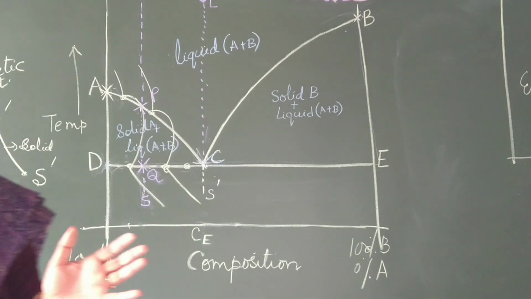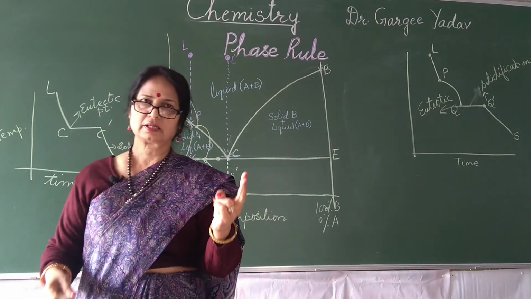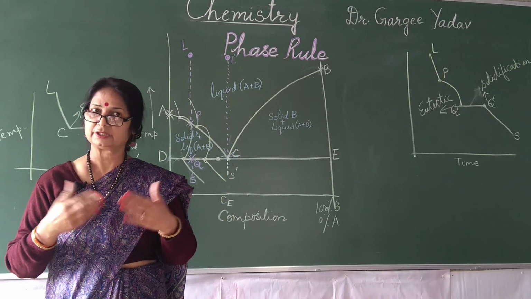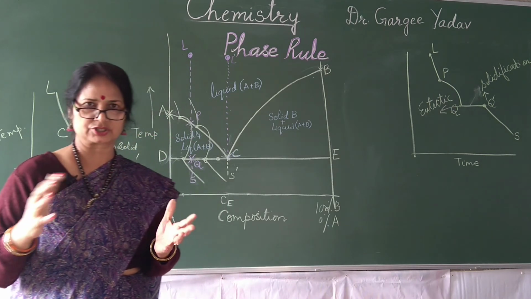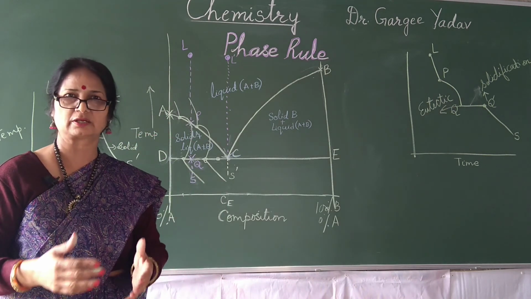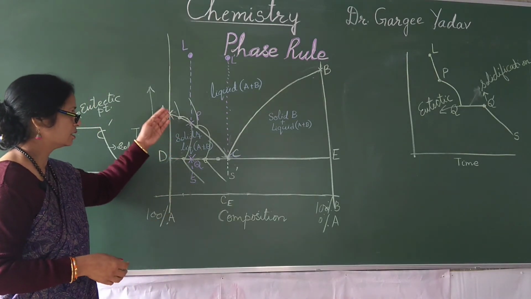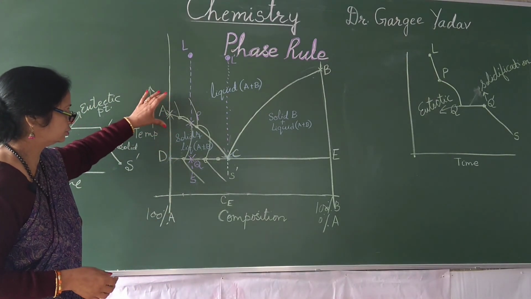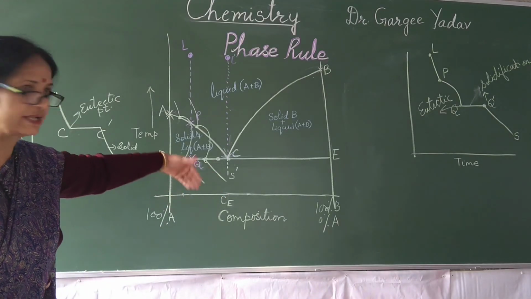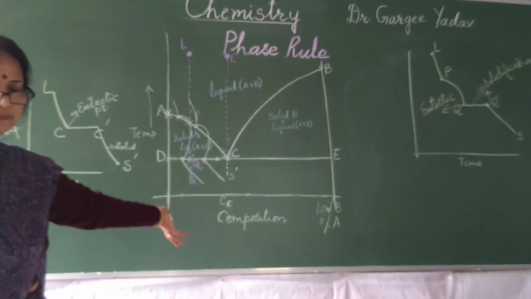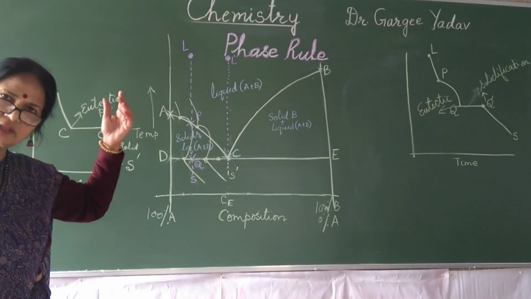So I was telling you about the cooling law just to tell you how we can experimentally determine and construct a phase diagram, and to show you how we can make use of this property to construct a phase diagram. Actually, a phase diagram is constructed on the basis of the cooling.